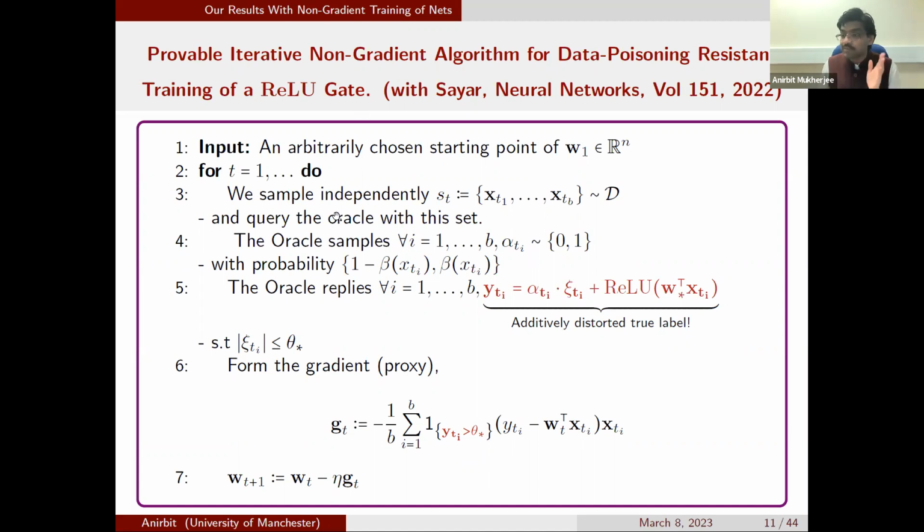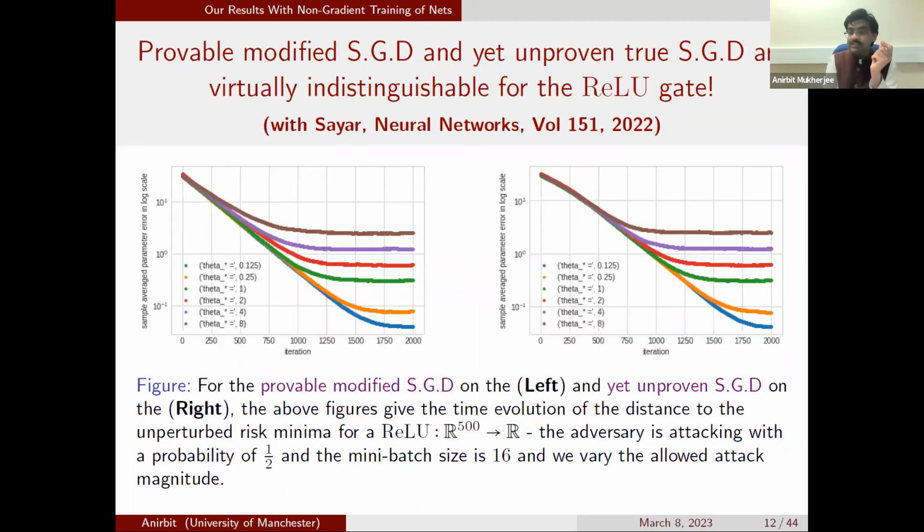And this very small tweak turns out to be a mathematical magic. Suddenly the algorithm is provably convergent. It converges to the global minima. And not only is it provably convergent to the global minima, it is convergent in a sense which is robust. What I mean by that is, in the two plots here, I'm showing the parameter error of recovery with iterations of the algorithm.